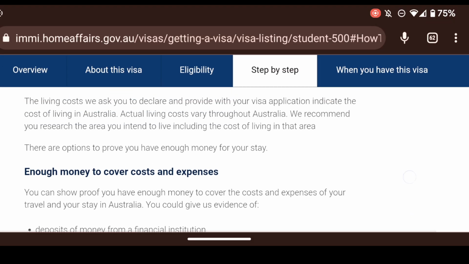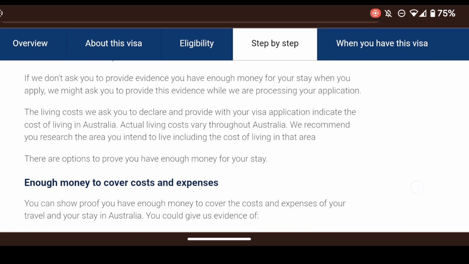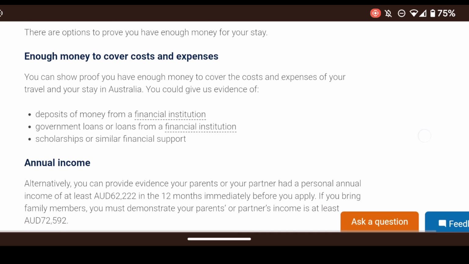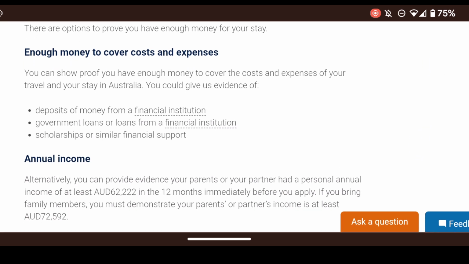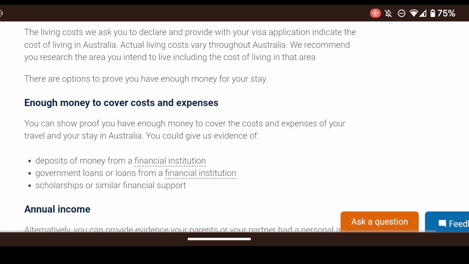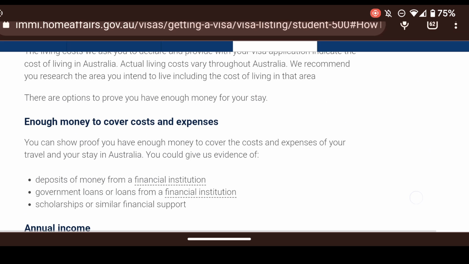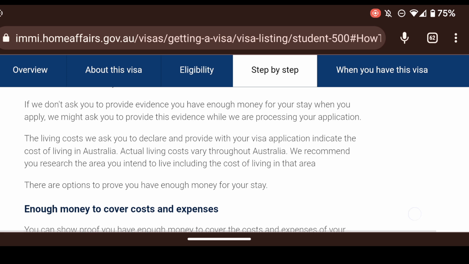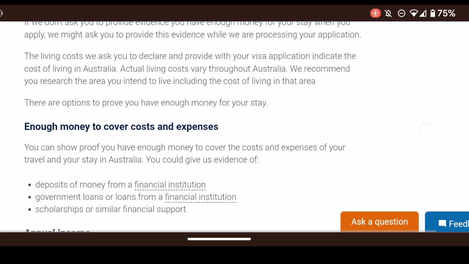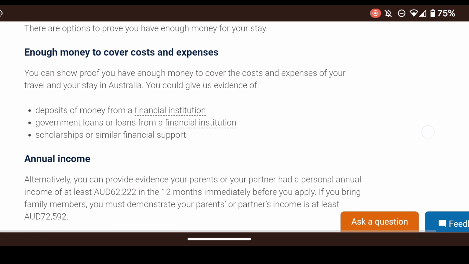All right, let's go. Here the immigration is saying that if you do not provide enough evidence to show that you can support your stay financially, they will still ask for it when they are processing your visa. There are many ways you can provide evidence.